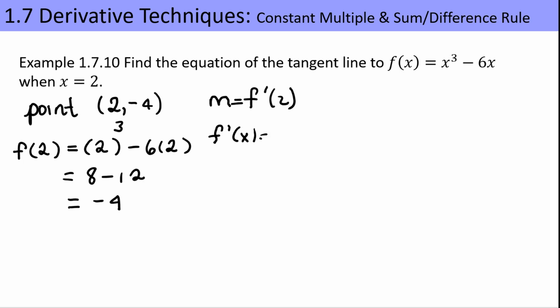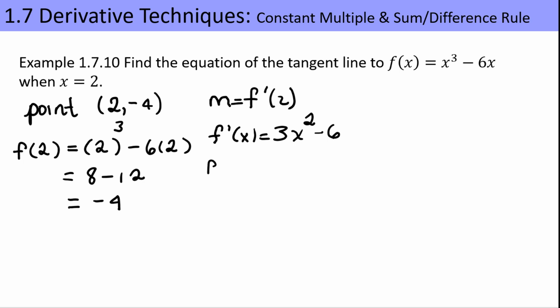F prime of x is equal to, for the x cubed, we bring down the power of 3 and make it the coefficient, times x to the power of 3 minus 1 is 2. And then we do the minus using the sum or difference rule. Then now using the constant times a function rule, the derivative of 6x is the constant 6 times the derivative of x, which is just 1.